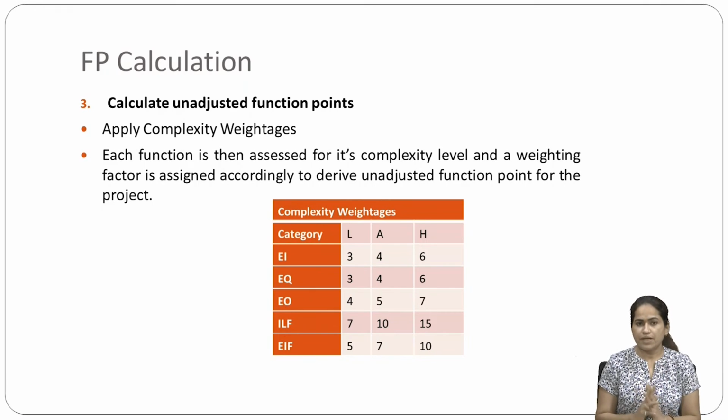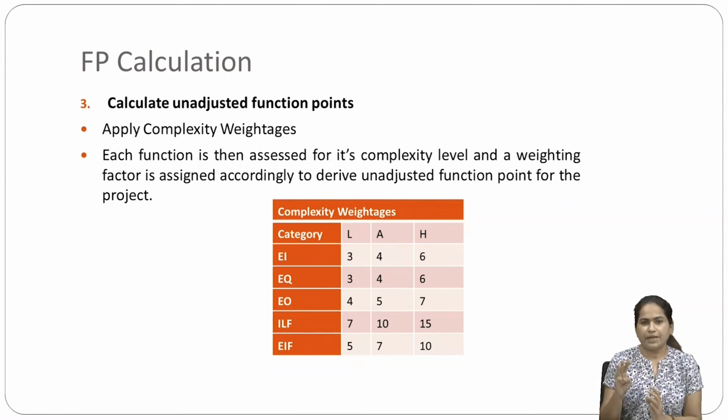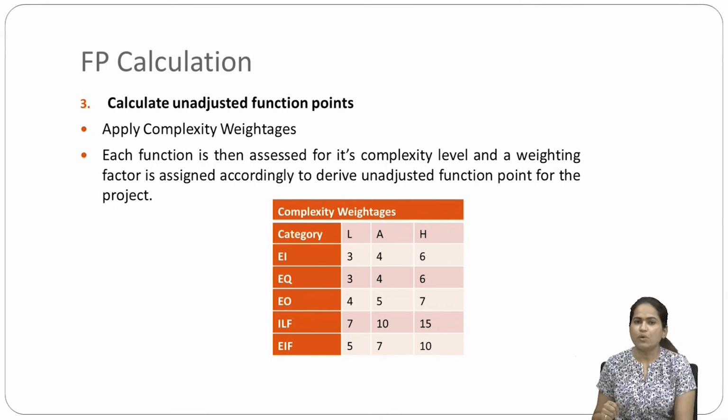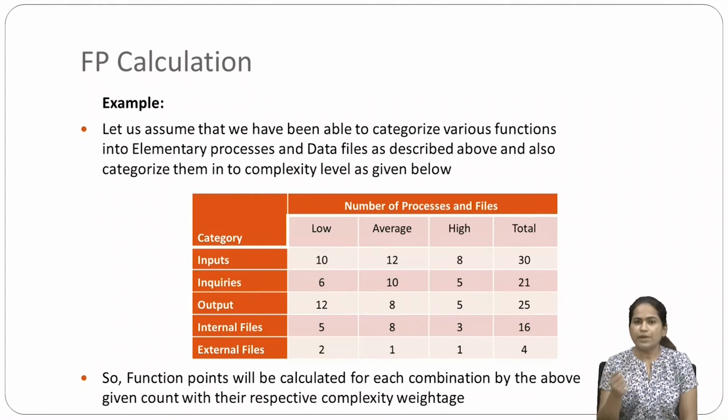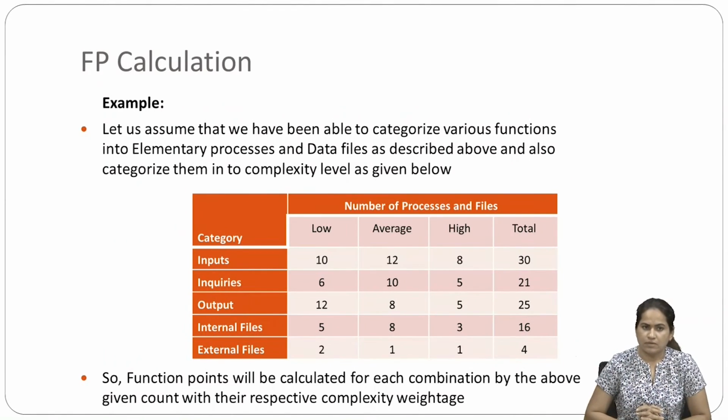Here you can see we have complexity weightages for EI, EQ, EO, ILF and EIF for 3 different categories of complexity: low, average and high. These numbers are weighted complexities, and based on them we are going to calculate the unadjusted function points.